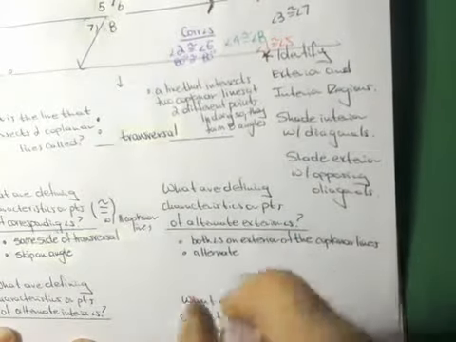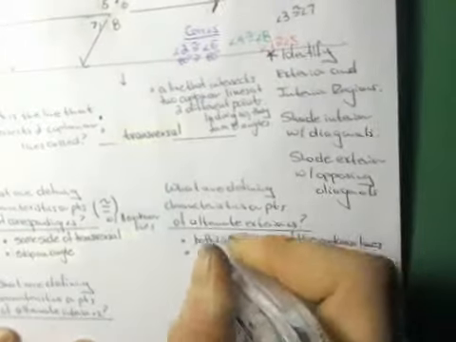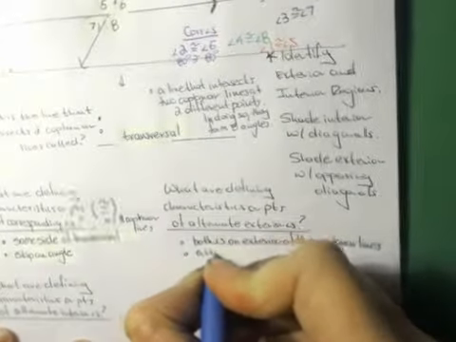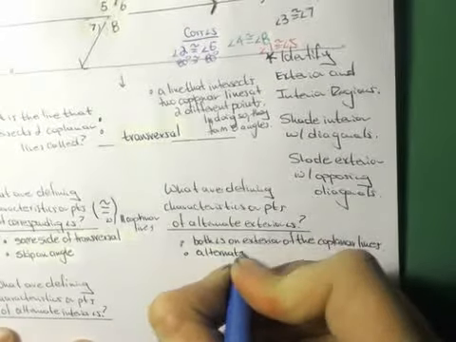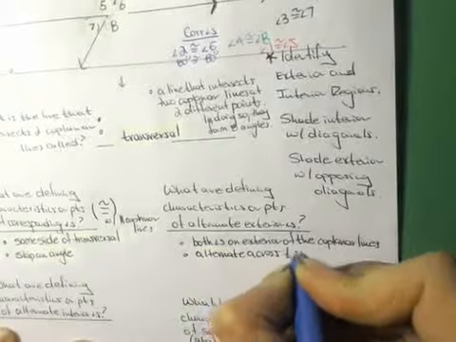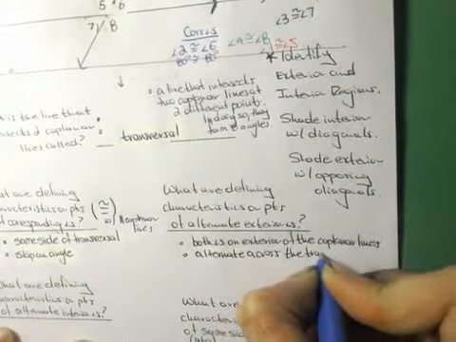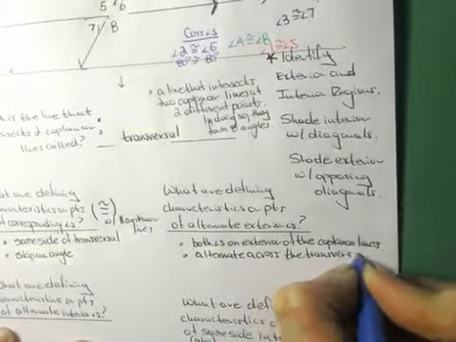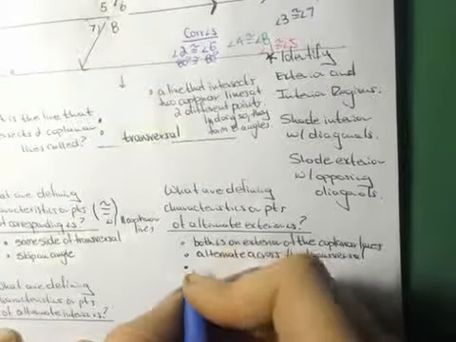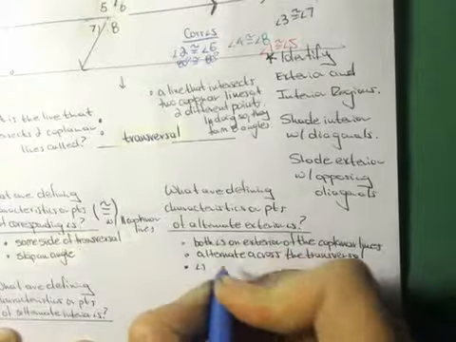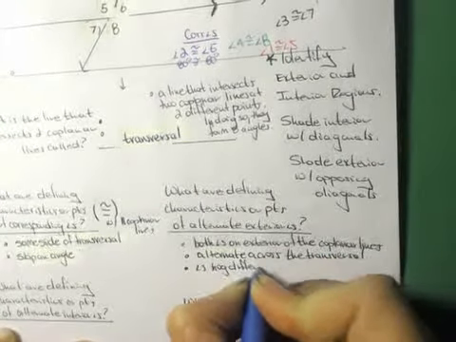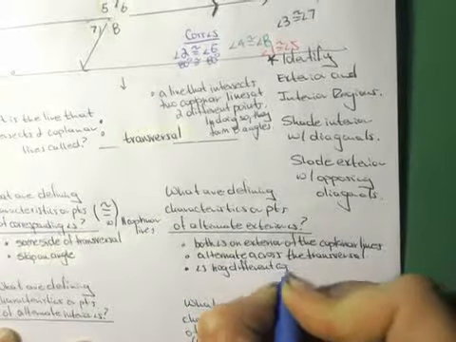They alternate across the transversal. And last, the angles hug different coplanar lines.